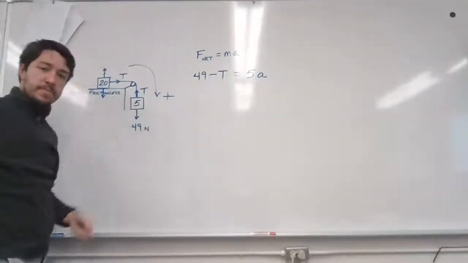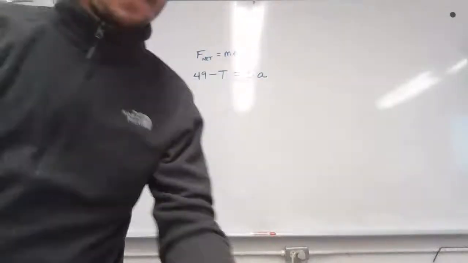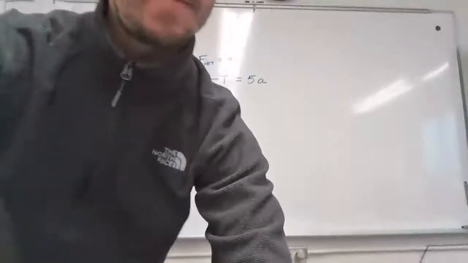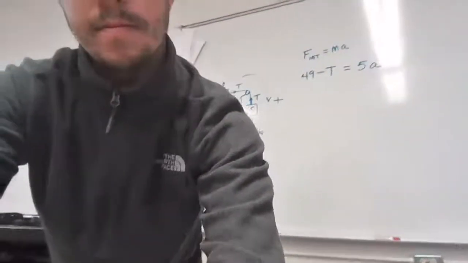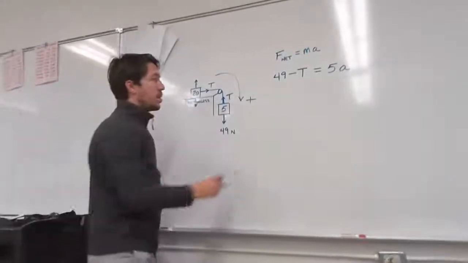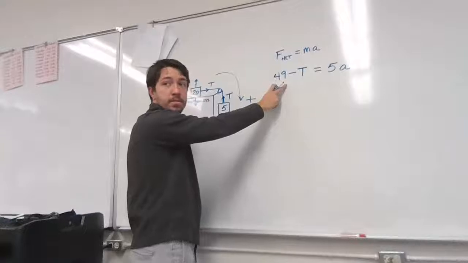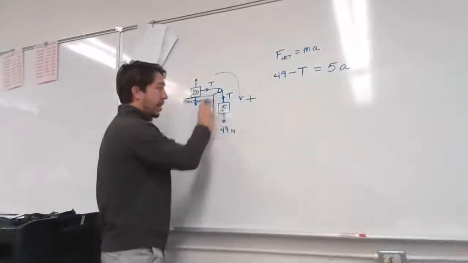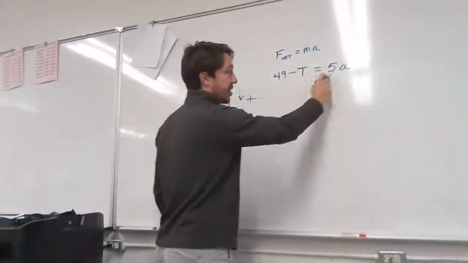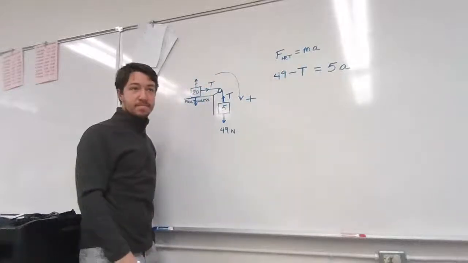Who's confused? Sorry, there's some weird glare here. Hopefully that's visible. That makes sense though? So the net force is 49 minus the tension, and the mass is 5, the acceleration is. Now, what's the problem though?